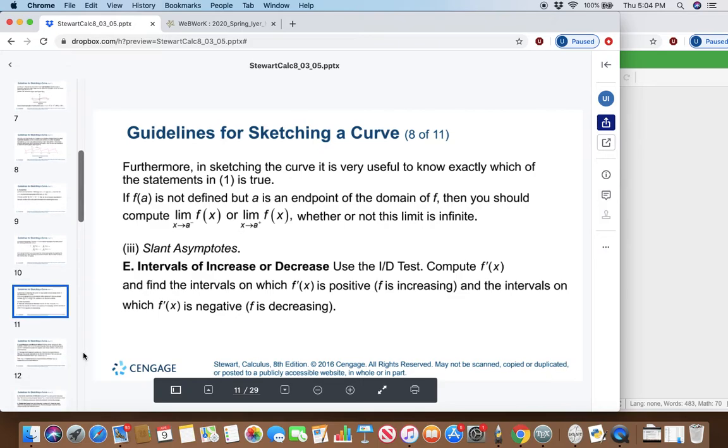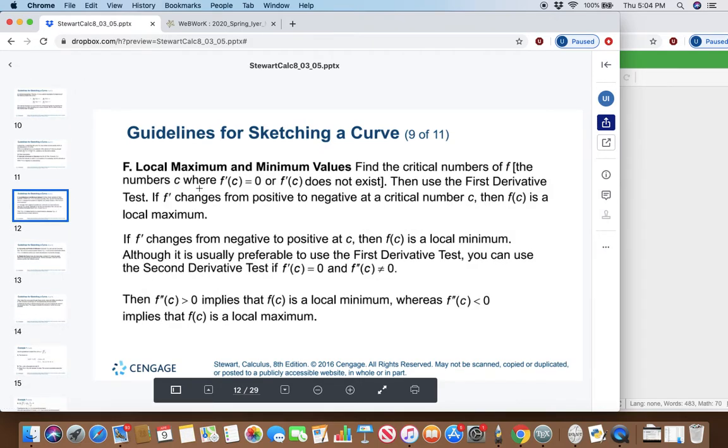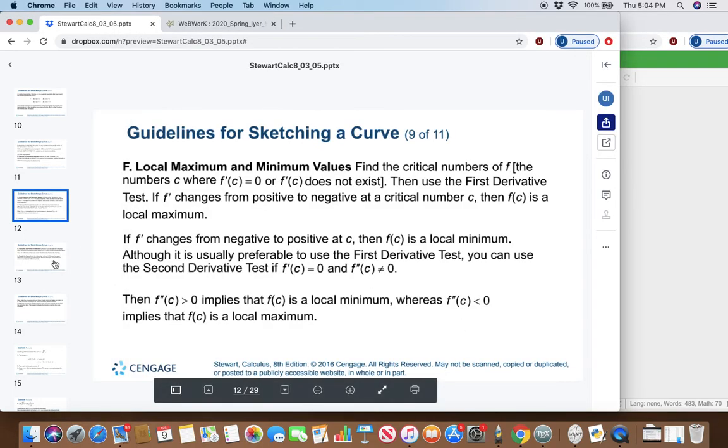Okay. Let me catch up here. Intervals of increase, decrease. The next item to study is local max or min. Well, you need to use critical numbers. We already saw there are no critical numbers. So we do not have any local maximum or minimum. Okay. So local max minimum, nothing to discuss there.